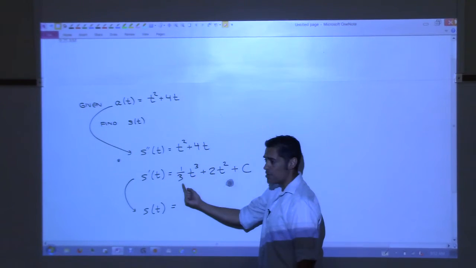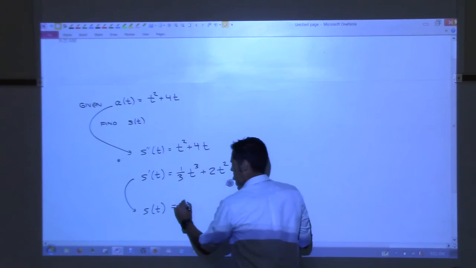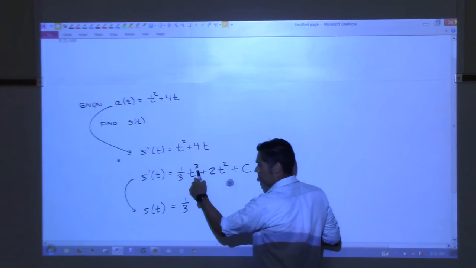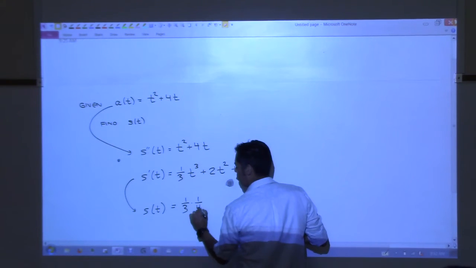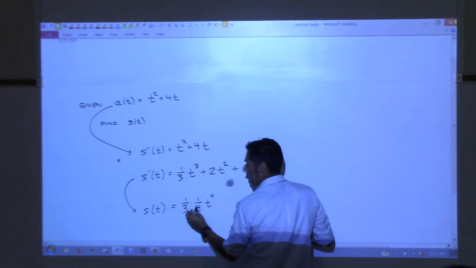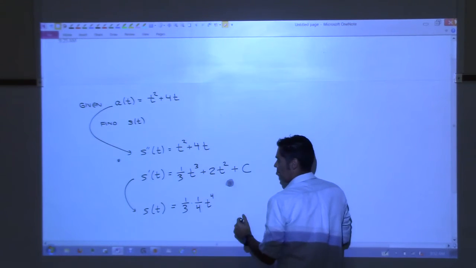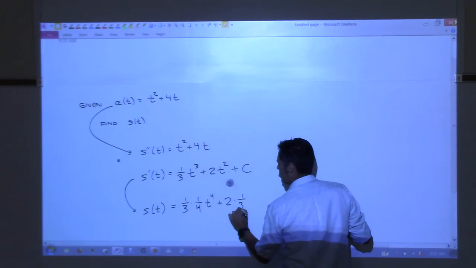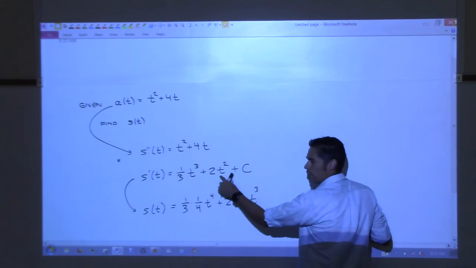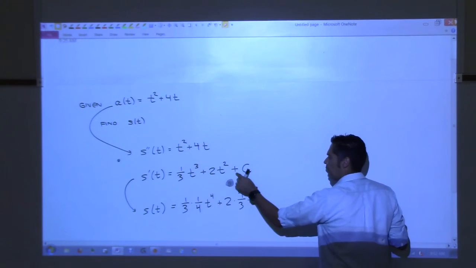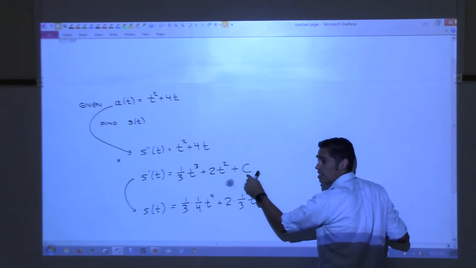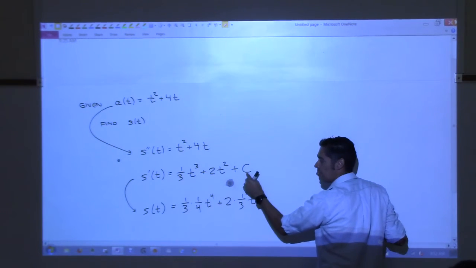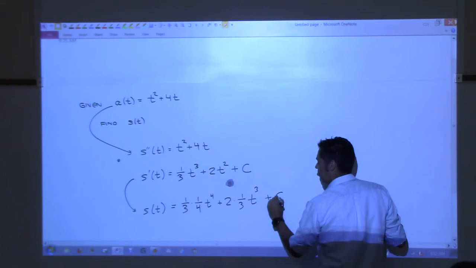So we're going to do the 1/3 is going to come down for the ride, and then I'll have to do the antiderivative of t cubed, which is 1/4 t to the 4th. And that's where you can get the 1/12 from. And then here I'm going to have the 2, then I'm going to have 1/3 t cubed. That's the antiderivative of this. And then plus some constant, but I need its antiderivative. What's the antiderivative of a constant?